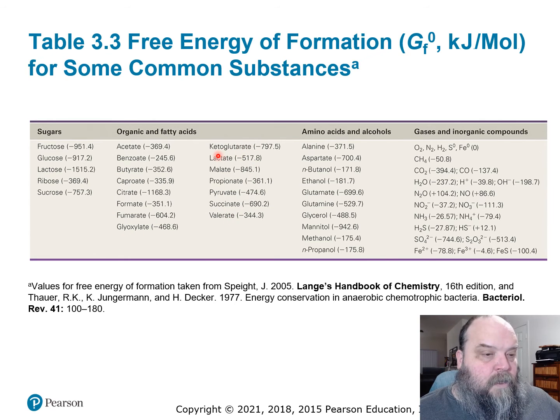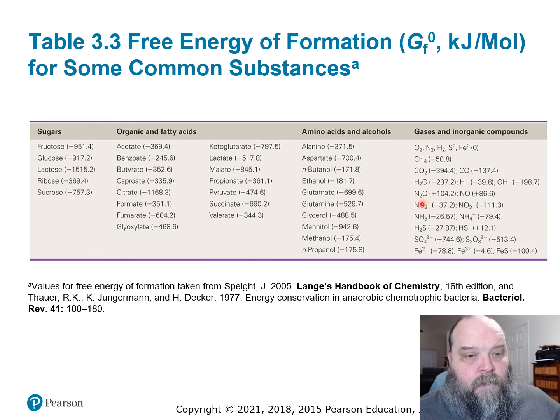You look here at ketoglutarate, our sugars, our short chain carbons, succinates, lactates, and the amino acids, which all have quite a bit. What's interesting is if you look at the gases, nitrous oxide, nitric oxide, 104, 86, these are extremely positive. That means there is very little kilojoules per mole of delta G, so these are going to be extremely endergonic in their reactions.